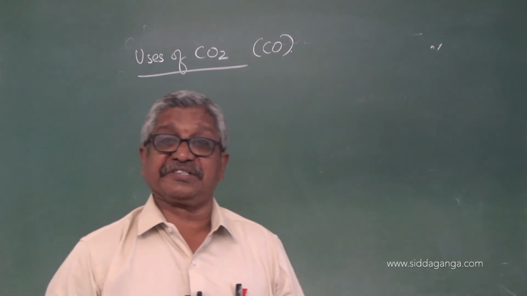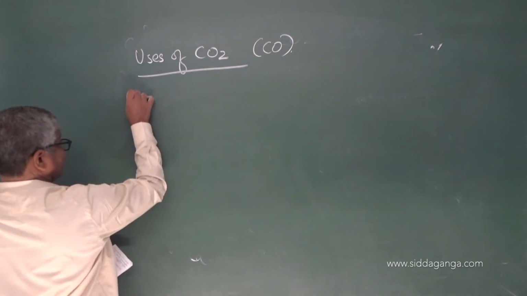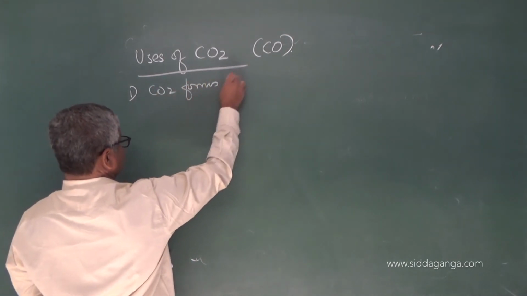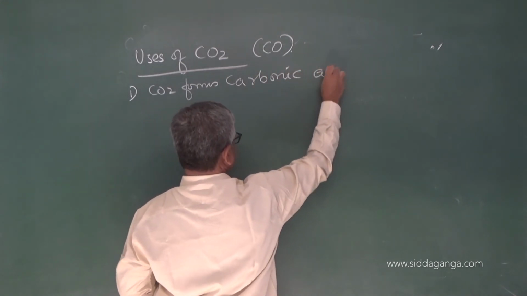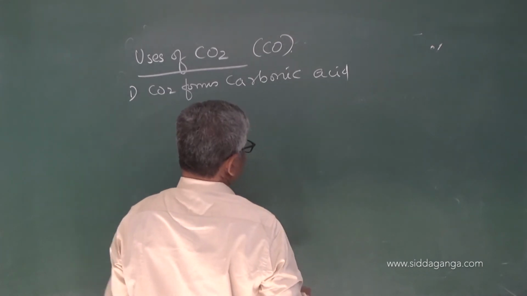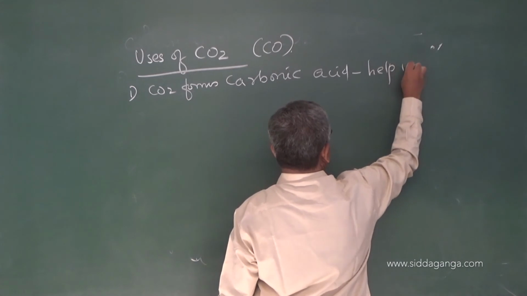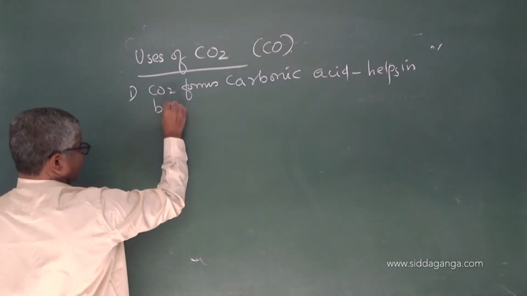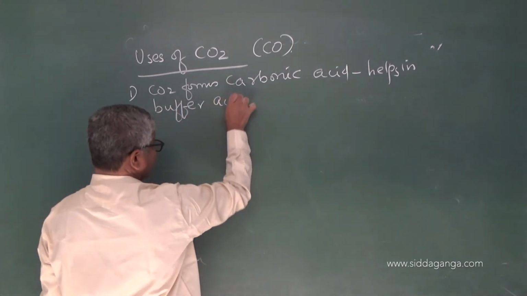First, carbon dioxide forms carbonic acid. This helps in buffer action of blood. Carbonic acid helps in buffer action.